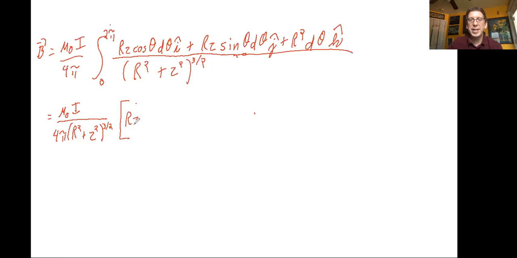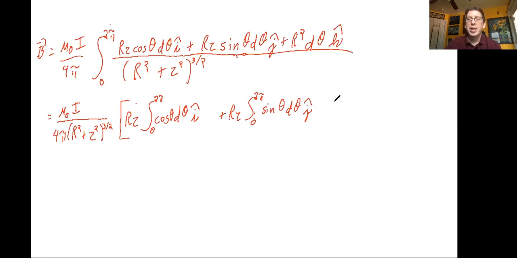So we have Rz times the integral of cosine theta d theta i hat from 0 to 2 pi, plus Rz times the integral from 0 to 2 pi of the sine of theta d theta j hat, plus capital R squared times the integral from 0 to 2 pi d theta k hat.